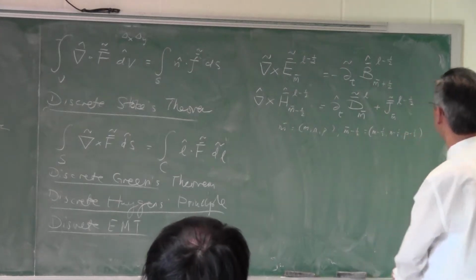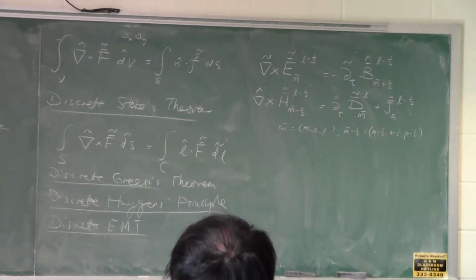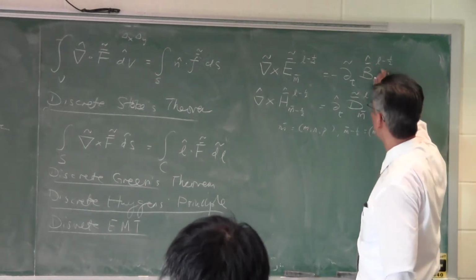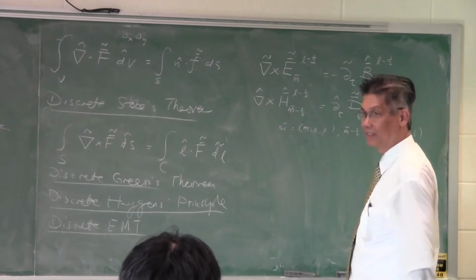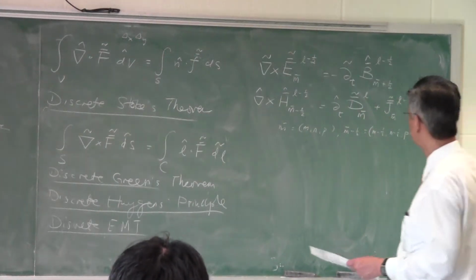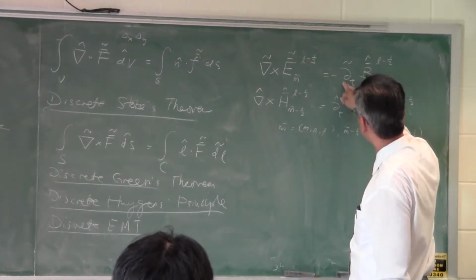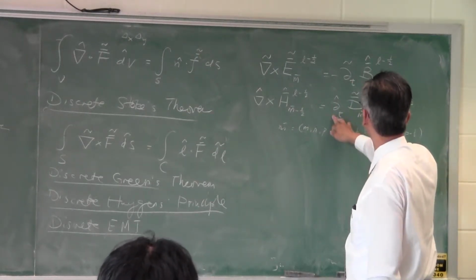That's what I mean. So they are defined at the half grid point, and then the superscript stands for the time location. Because of this, this is the forward difference operator, this is a backward difference operator.